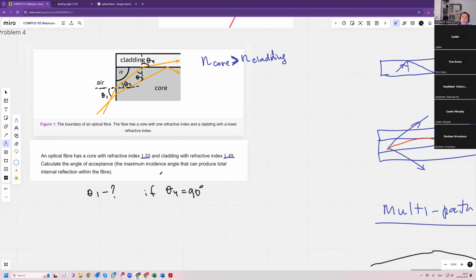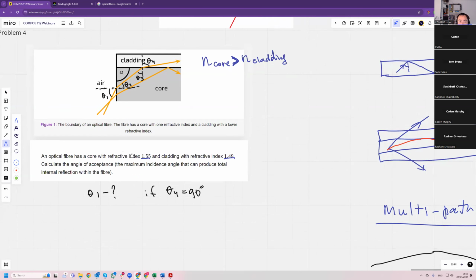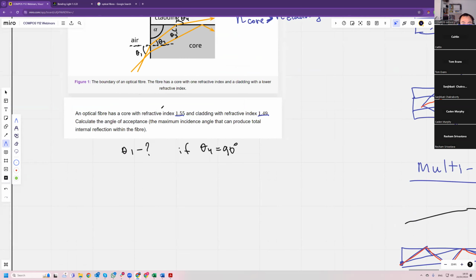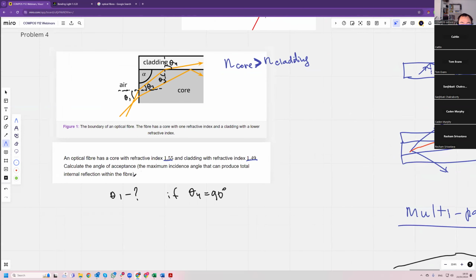So we want to know the maximum angle at which we can send the signal through the optical fiber. All right, the calculation is the same.